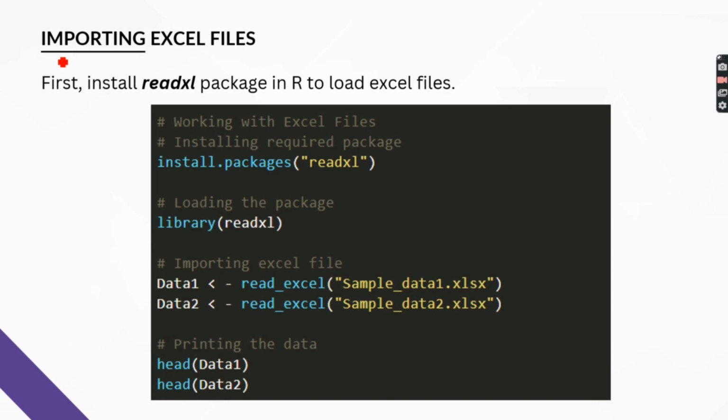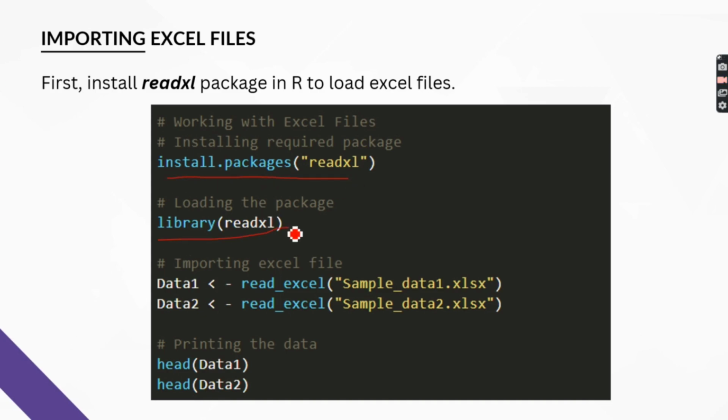So now we will import Excel files. Generally our data is stored in CSV files, but sometimes the data is in an Excel sheet and you want to import that. So readxl helps us read Excel files seamlessly. And if you are dealing with databases, you can use DBI or RSQLite to connect to a database. So for Excel files, just install the package readxl.